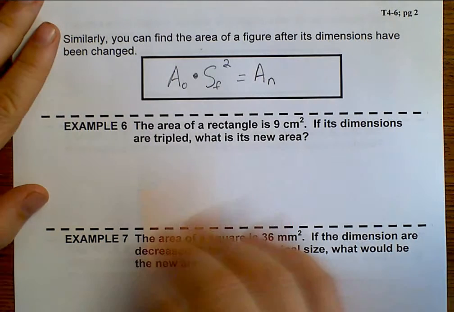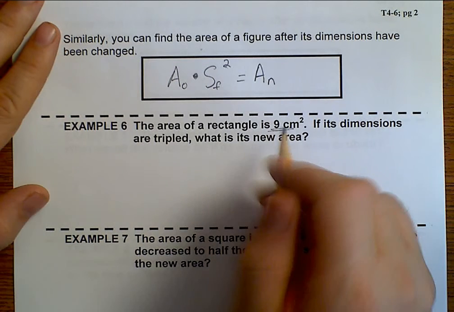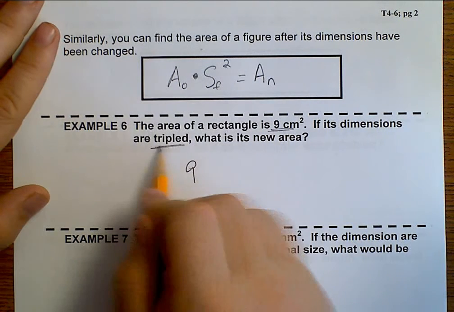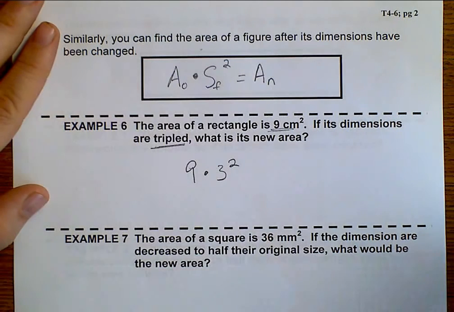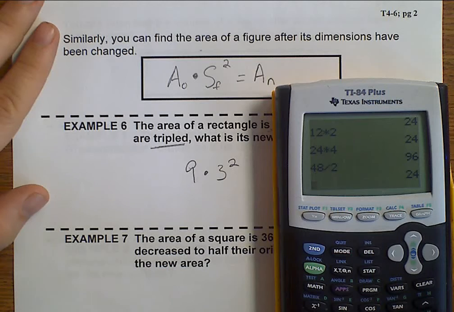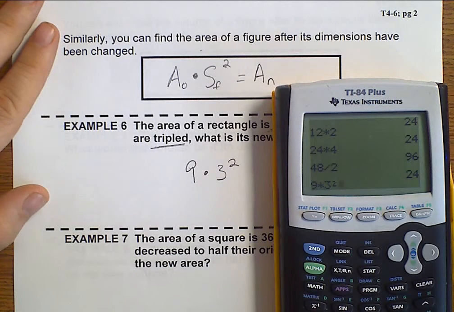So for instance, if the area was 9 and the dimensions are tripled, then we need to multiply by 3 squared. So 9 times 3 squared is 81.